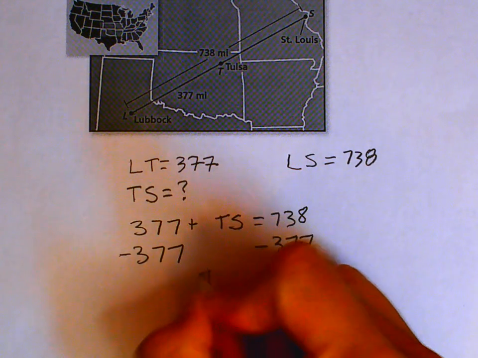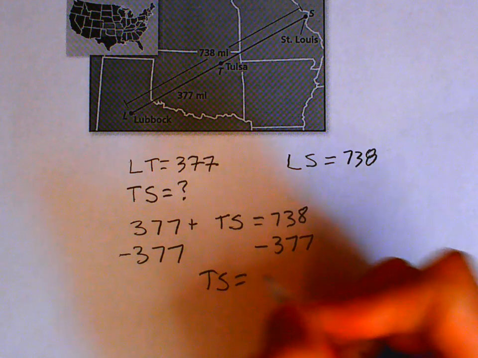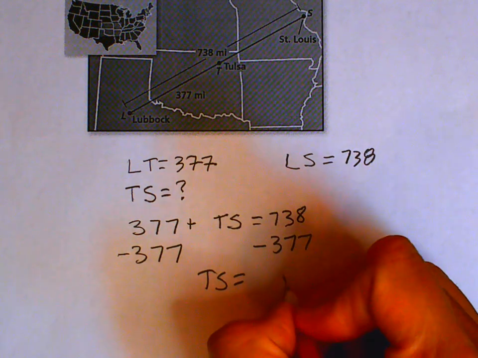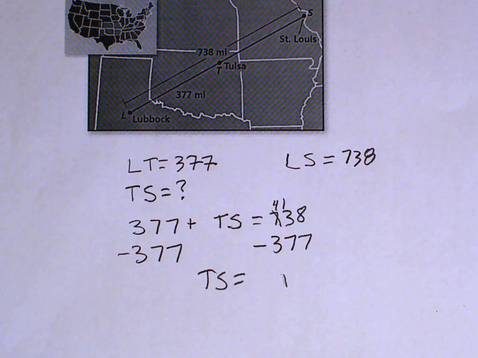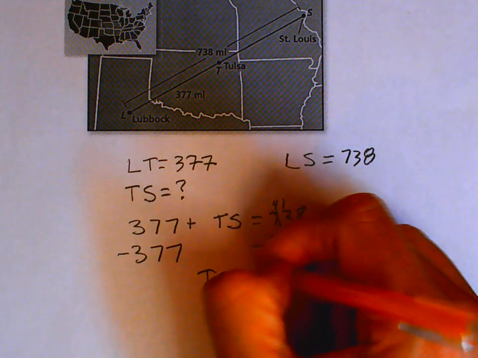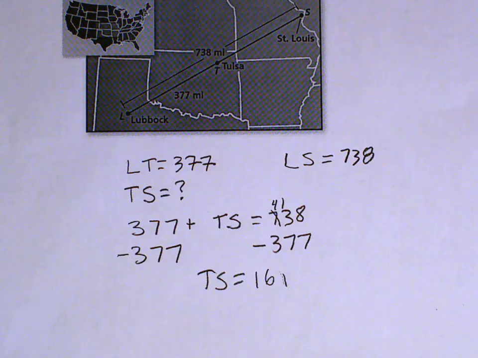Sometimes it's better to over-explain than to under-explain. So when you subtract, you get 161. If I ever do make a mistake, you get cool points if you correct me. Okay, so the distance is 161.